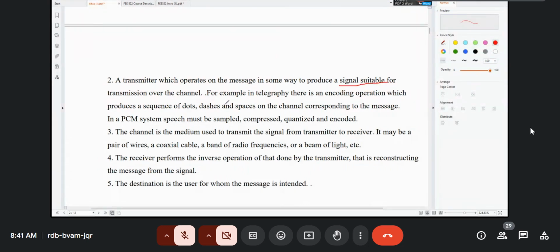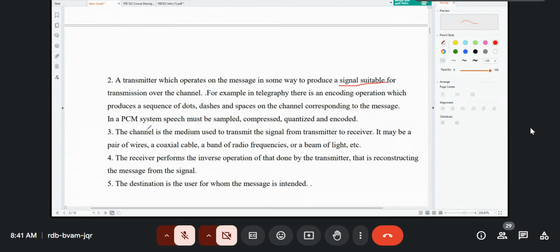For example, in telegraphy, there's an encoding operation that produces a sequence of dots, dashes, and spaces. Actually, these are the precursor to the zeros and ones. This was the original digital communication, where you're sending dots and dashes, mark and space.